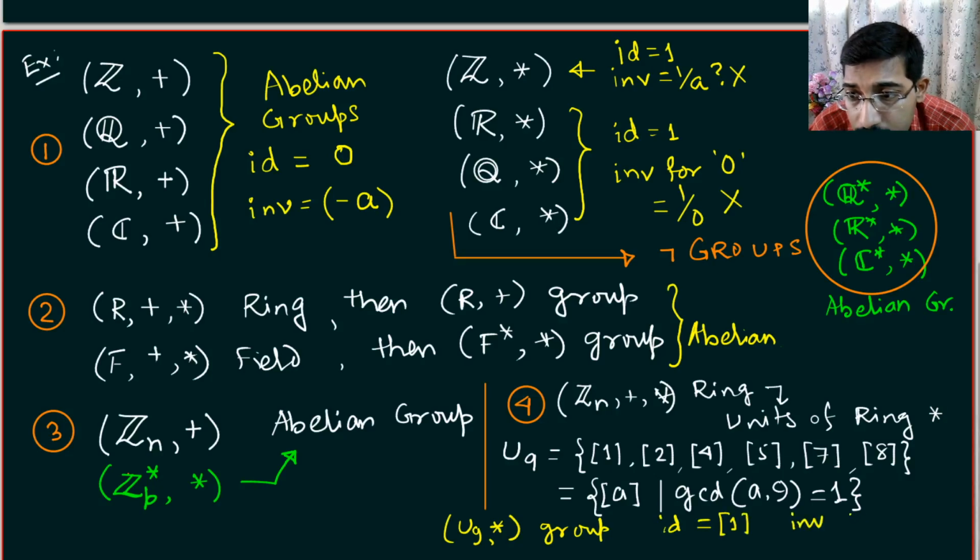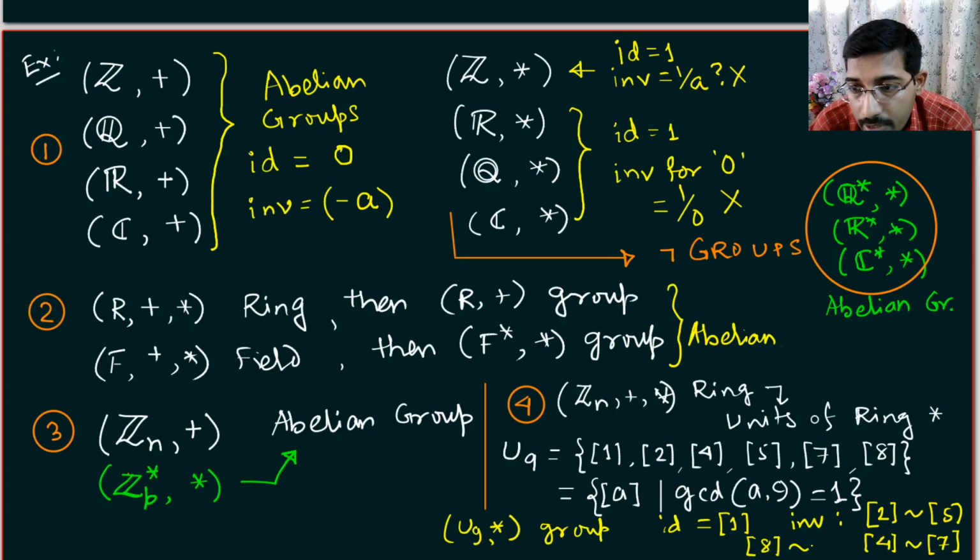For some of the inverses, 2 has the inverse 5, 4 has the inverse 7, and 8 has the inverse itself. Please check it. So this forms a group, an abelian group. Also check for the abelian condition.